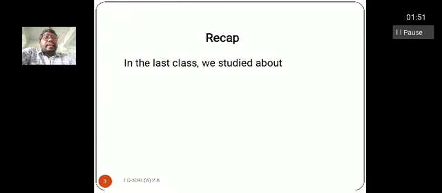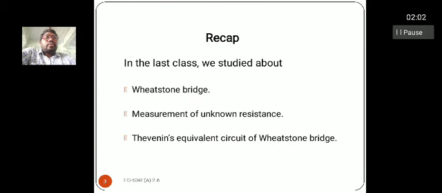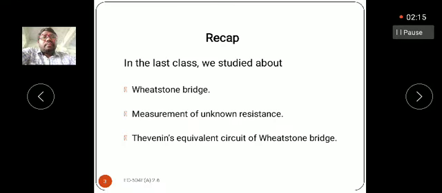In the previous class, we already discussed the Wheatstone bridge and how to measure the unknown resistance, and we also drew the Thevenin's equivalent circuit of the Wheatstone bridge. In networks, we have different types of theorems like the superposition theorem, maximum power transfer theorem, Thevenin's theorem and Norton's theorem.